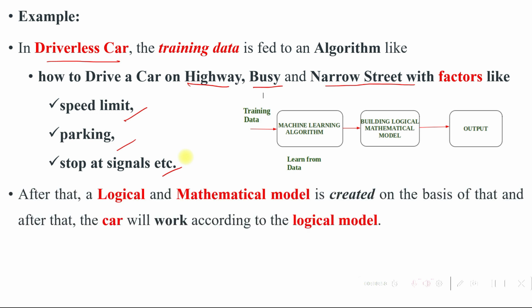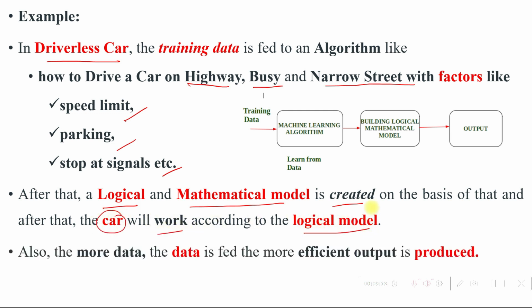After that, a logical and mathematical model is created on the basis of that, and the car will work according to the model. So also, the more data is fed, the more efficient the output produced.